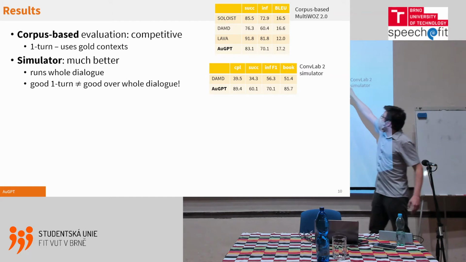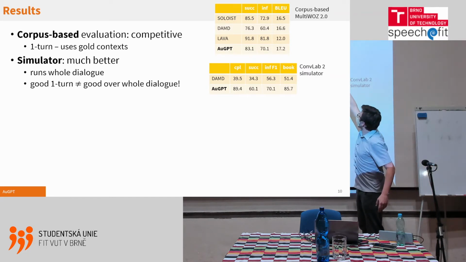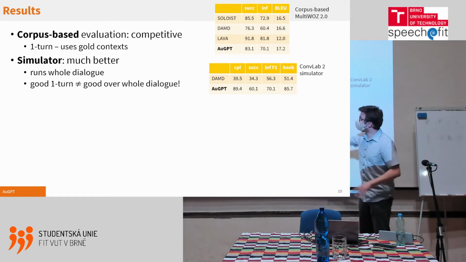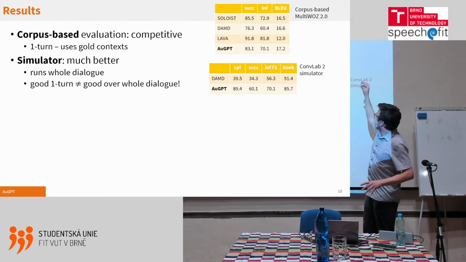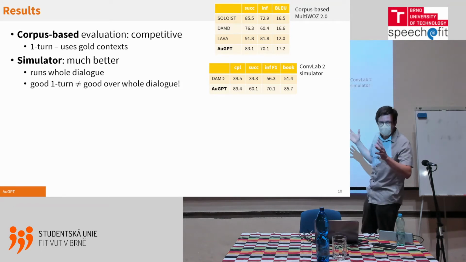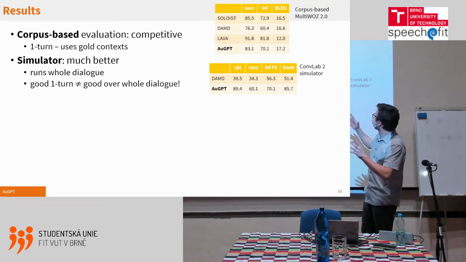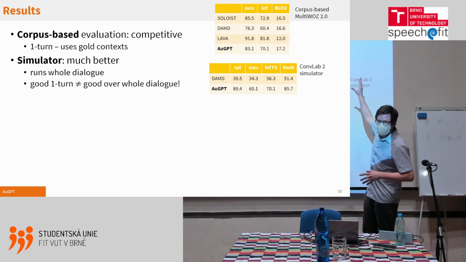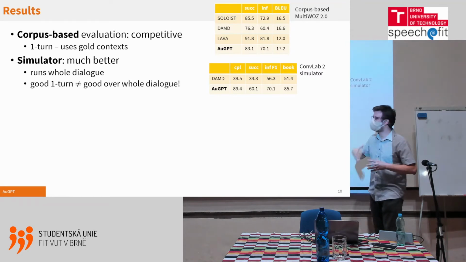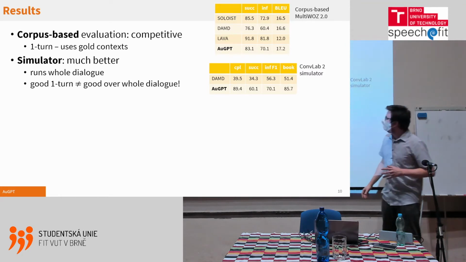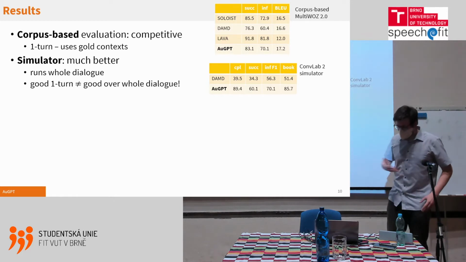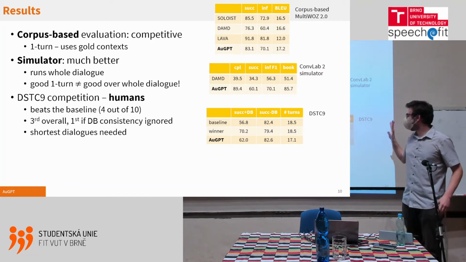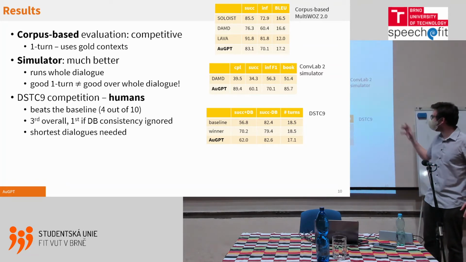You can also see that whenever you measure success rate over one turn, looking at gold contexts and generating one turn and then feeding back the gold reply from the data as context, it works much better than if you try a whole dialogue and evaluate over the whole dialogue. But our system holds relatively well in that, and it held quite well even in the competition where it was evaluated by humans.